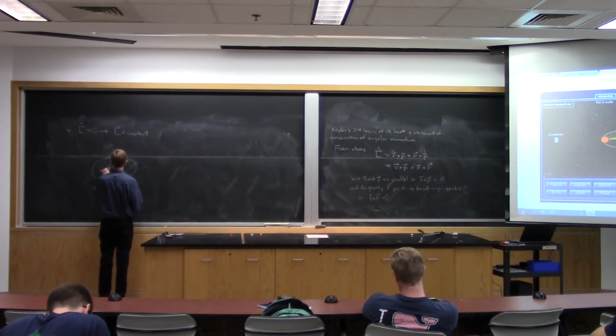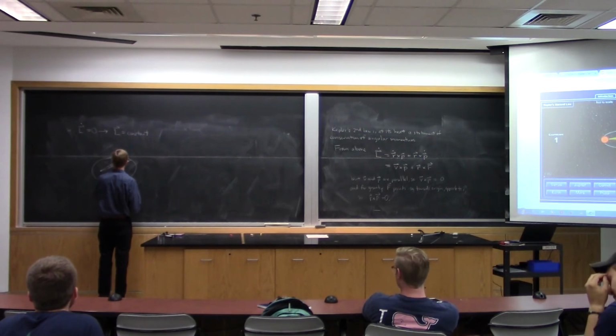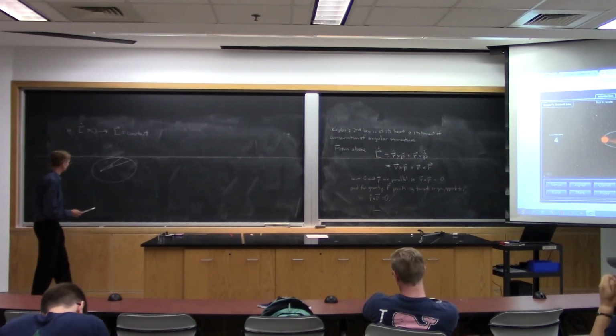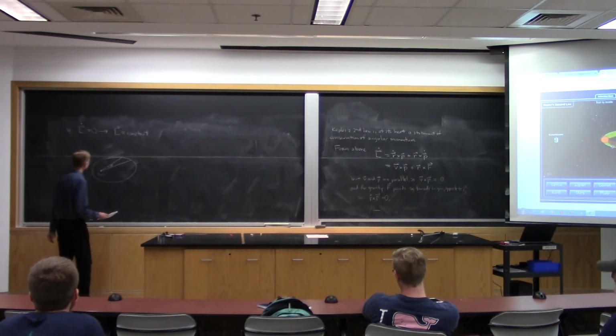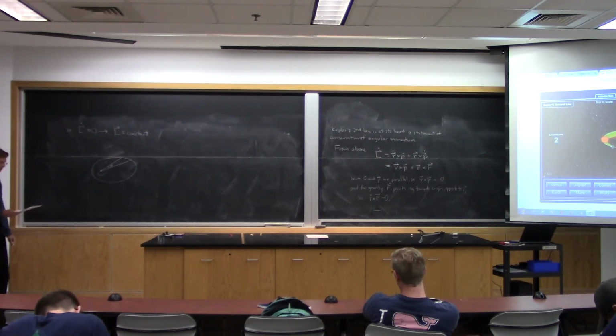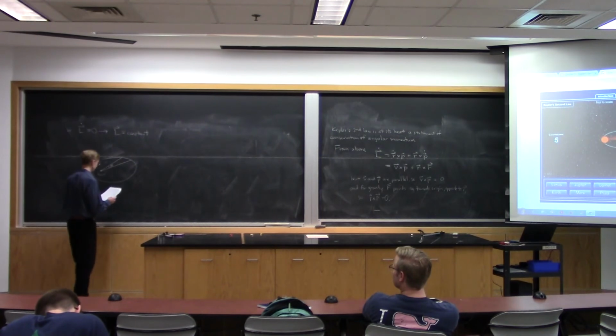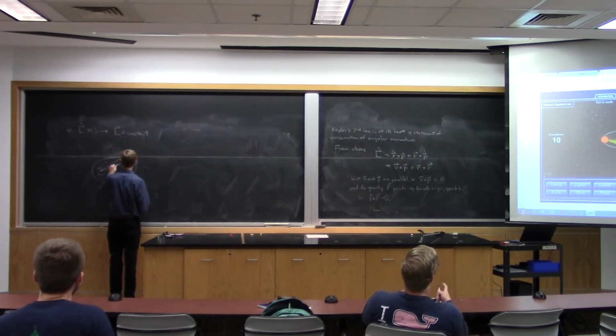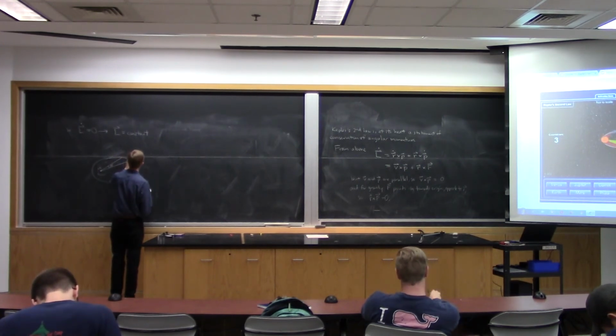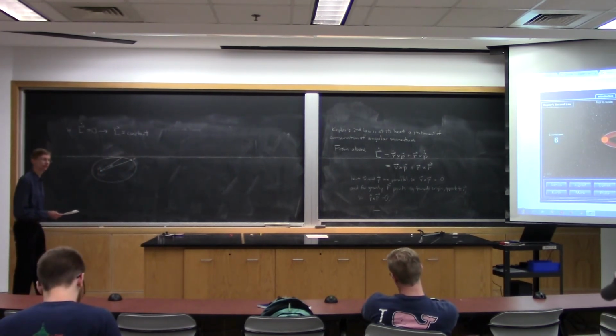So consider the following. There's our elliptical orbit. There's the focus. There's M at the focus. Cute little mu orbiting it.